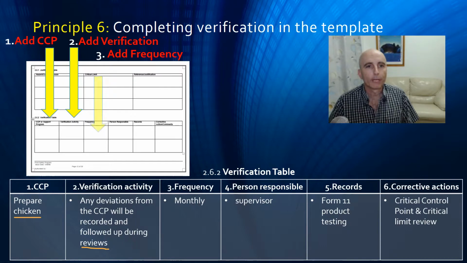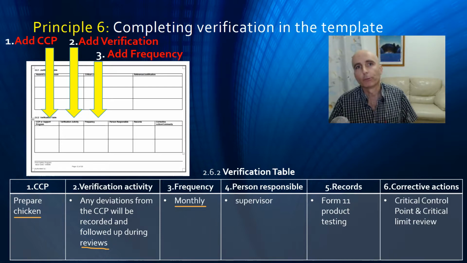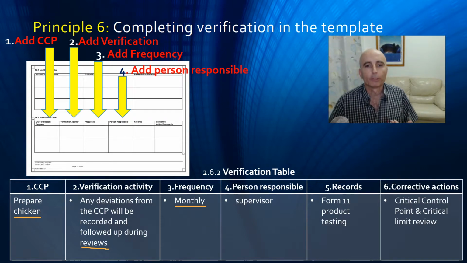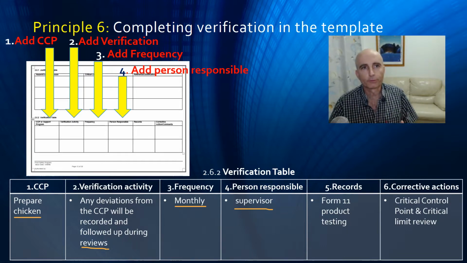After that, we add the frequency, so how often we're going to check this. I've put monthly, some places it might be weekly, and it's very important that we know how often we're going to check it. Vitally important is who's responsible, and here I've put supervisor, but it will depend on the process as to who is responsible.